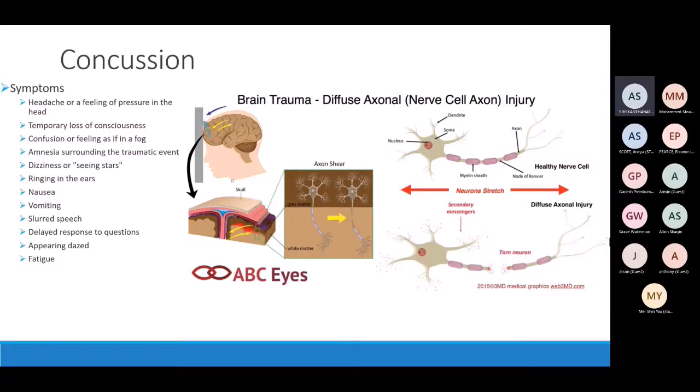And it's this shearing of the neurons and the blood vessels which causes this injury, and you can get this sort of diffuse axonal injury because the neurons have been sheared apart, and the level of impact will determine the amount of damage that is caused to the neurons. And most of the symptoms that you get, such as the stroke-like symptoms, are usually caused by the actual interruption to the neural communication.